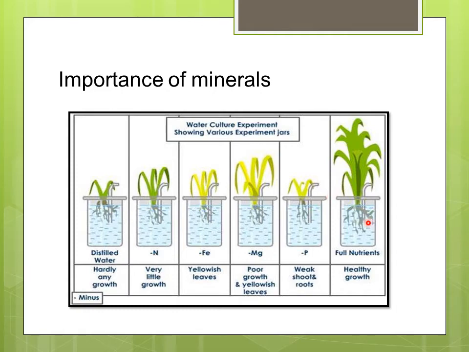Here comes the last vessel, where there is normal water which is full of nutrients, and we can see a healthy plant growing with both the root and shoot system very healthy, with the normal green color of the plant. So these are the deficiencies which are caused if the plant does not have minerals. Let us see how it is affecting the plants.